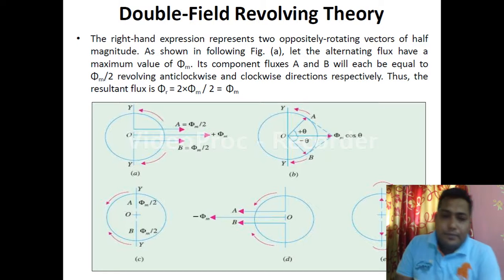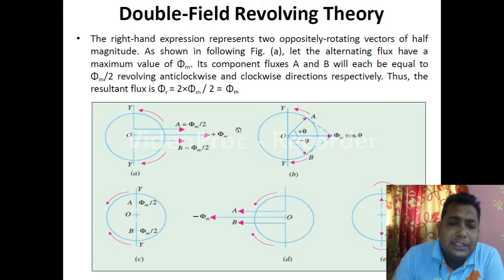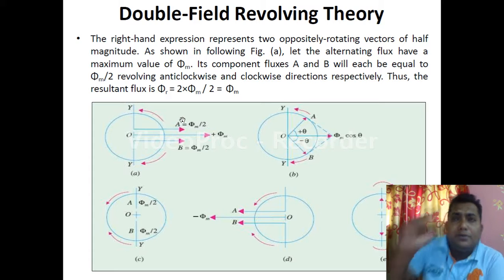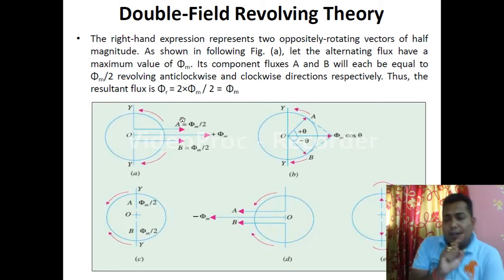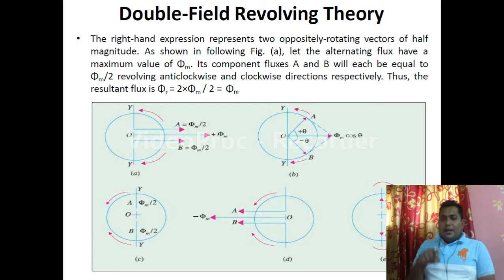See, this is the maximum sinusoidal value. We can start from here. If this is the xy axis, from the y axis the maximum point is where it starts, because it is at phi m. Now it is decreasing from this maximum toward the minimum, where it has a zero value.